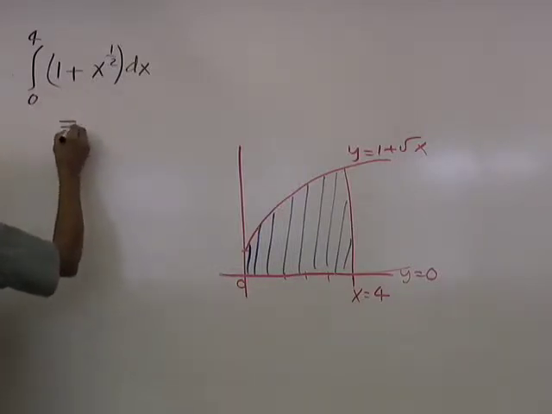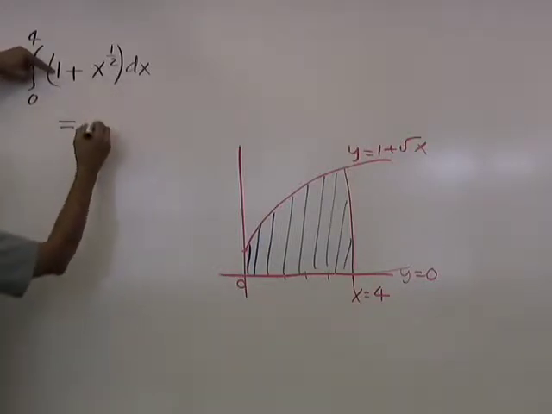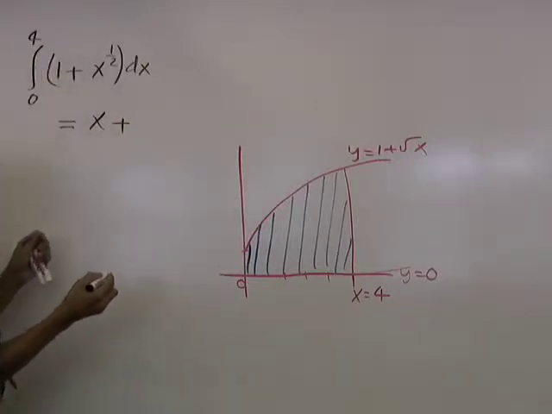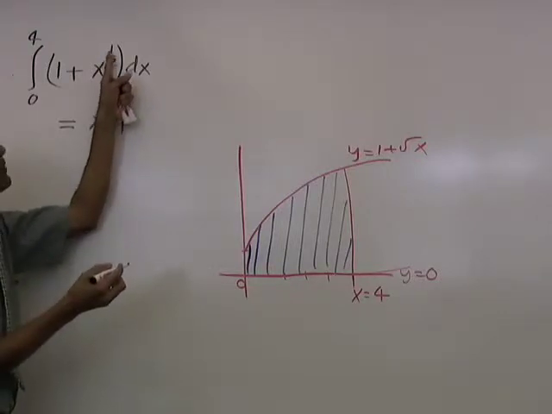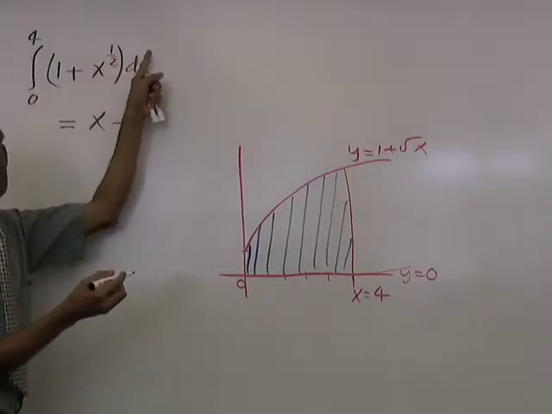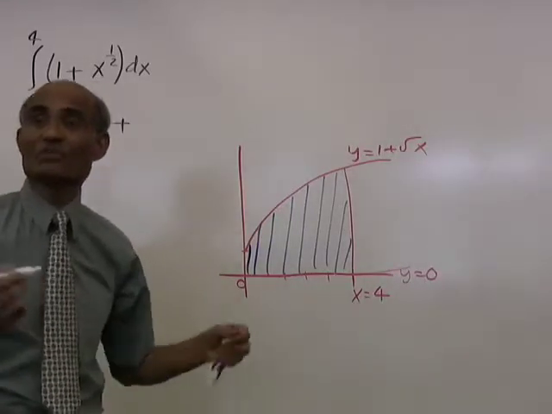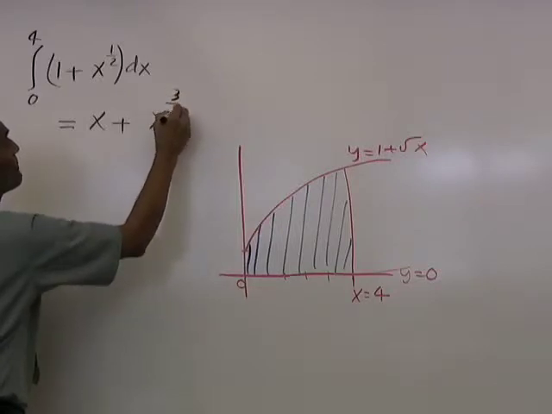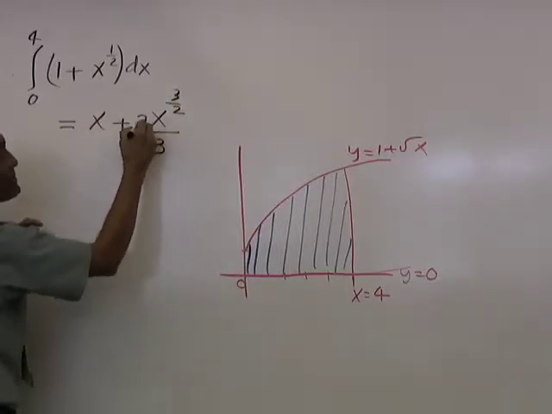And that will be, integrate each term. Integral 1 dx will be x plus integral x to the power of 1/2 dx will be x to the power of 1/2 plus 1. What is 1/2 plus 1? 1/2 plus 1 is 3 over 2. So this will be x to the power of 3 over 2 divided by 3 over 2.